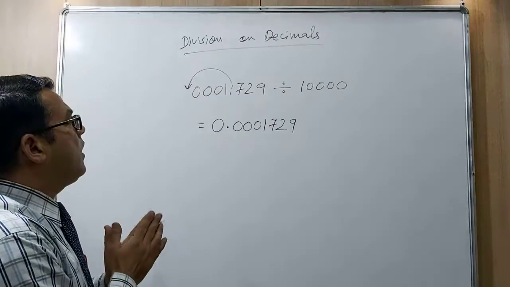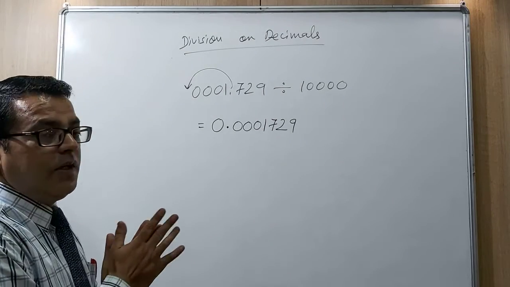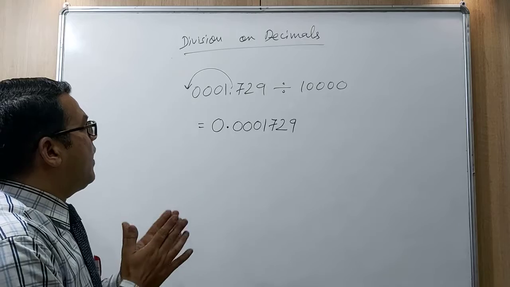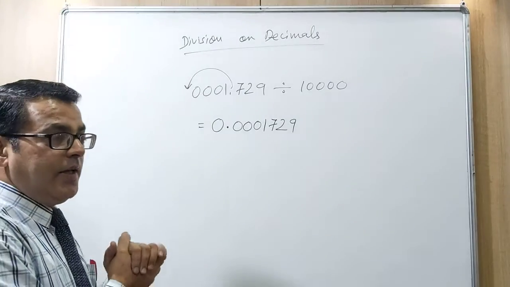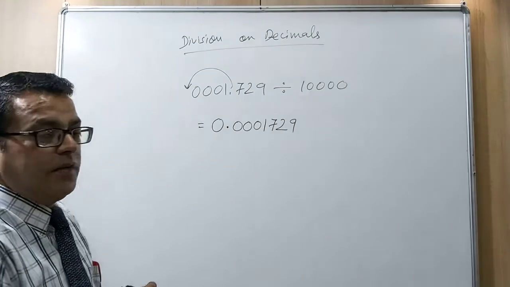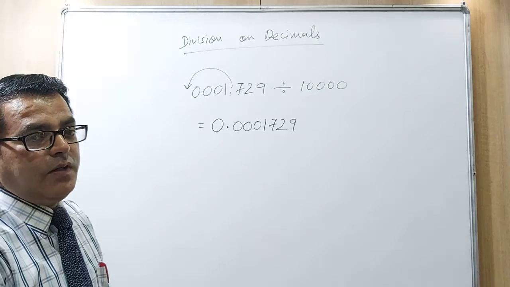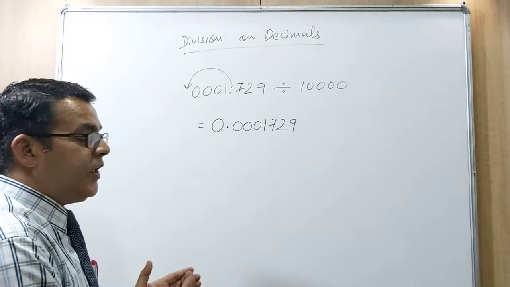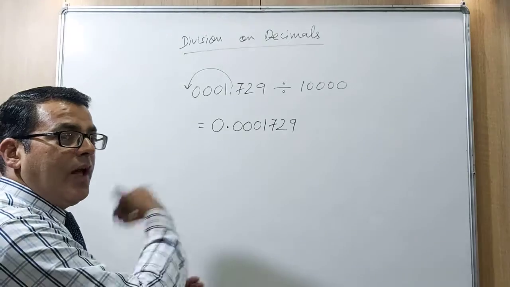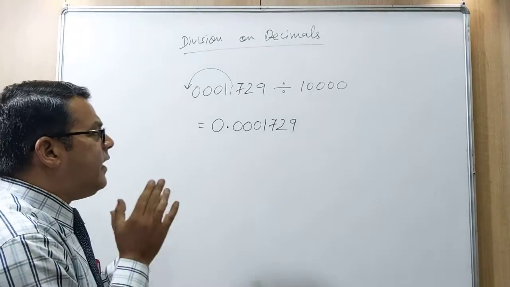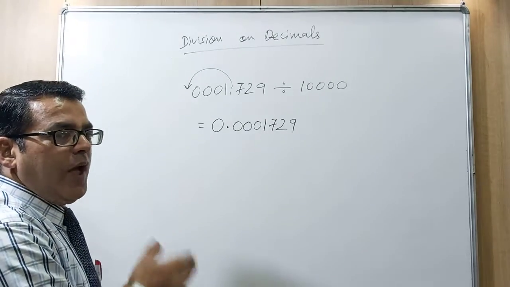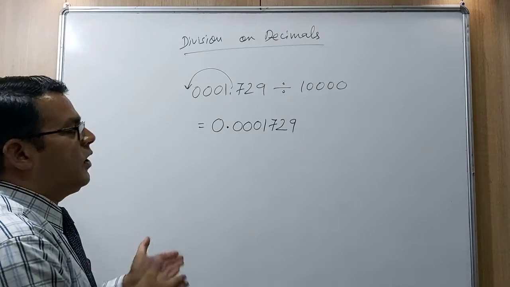In division we have to shift the decimal point to the left hand side, and in multiplication we have to shift the decimal point to the right hand side.